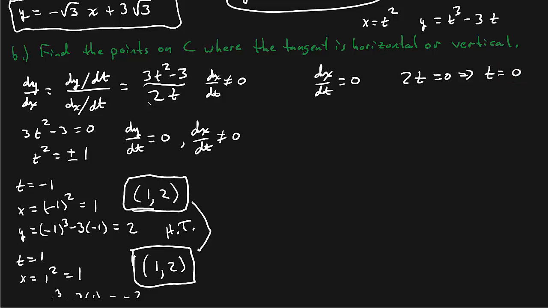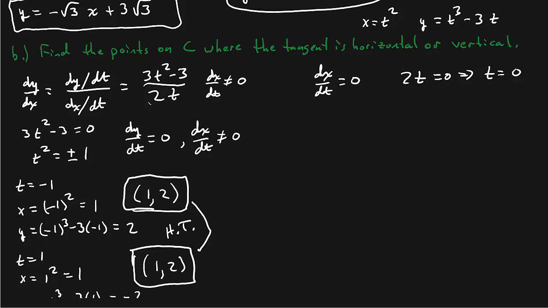So why did I ask that question? Do we have a vertical tangent there? Well, if you remember back when you were doing calculus and you were doing horizontal and vertical asymptotes, that was back in the chapter when you were doing limits.